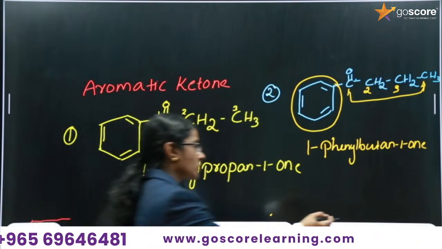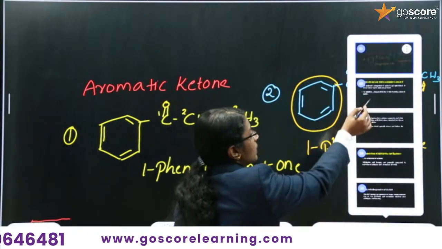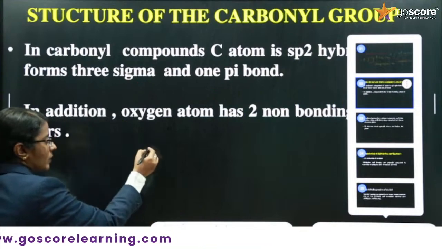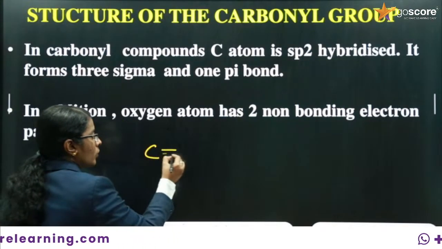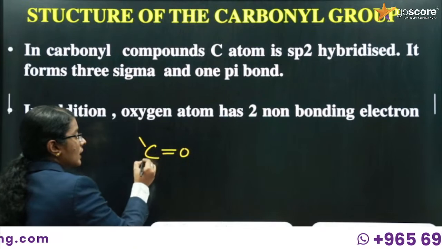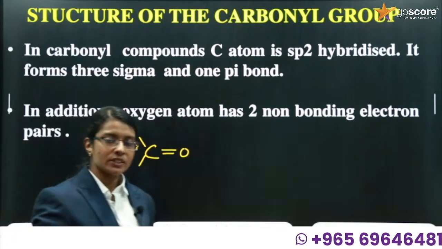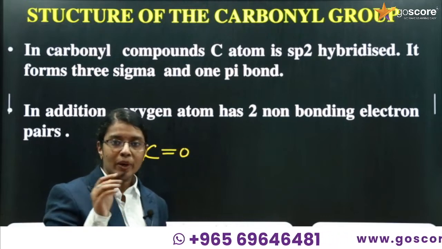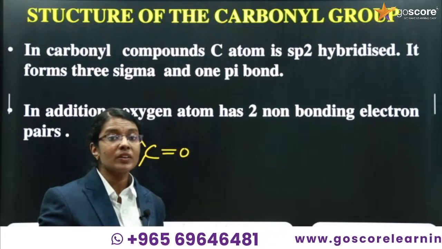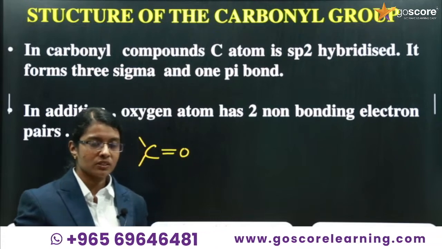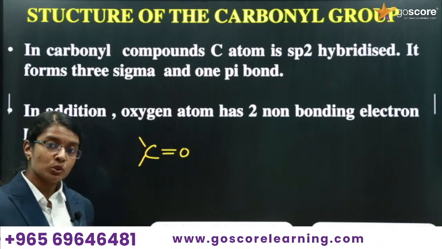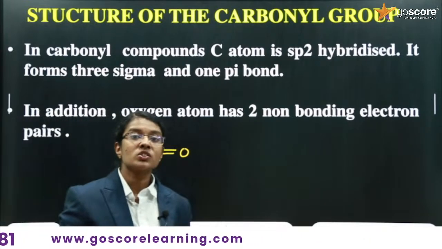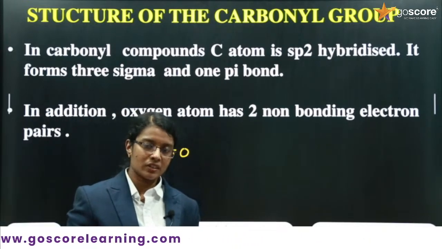Then we are moving to the structure of the carbonyl group. You all know that C double bond O is the carbonyl group. Whenever a carbon contains a pi bond, the carbon is sp2 hybridized, and its shape will be trigonal planar.